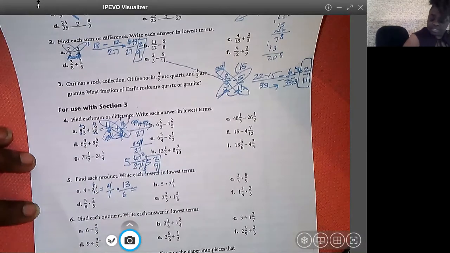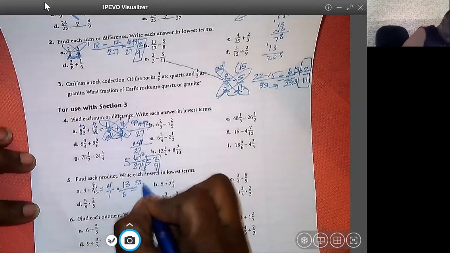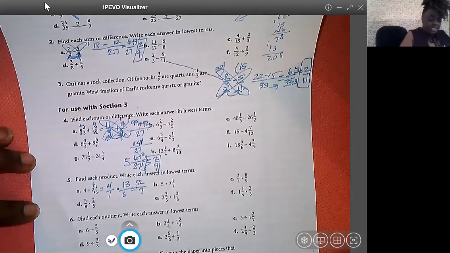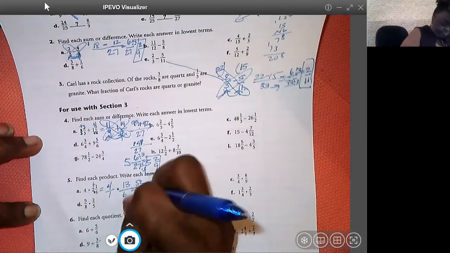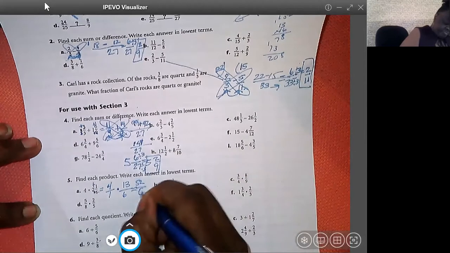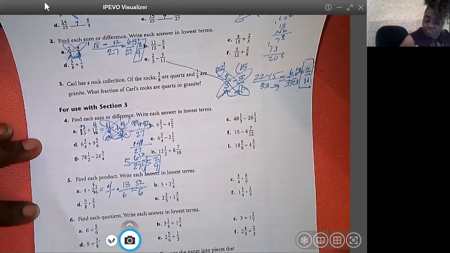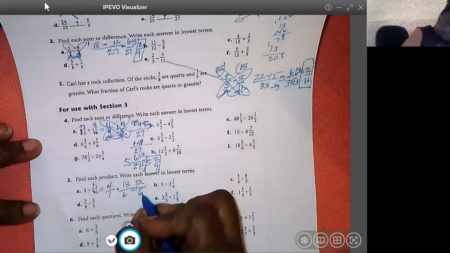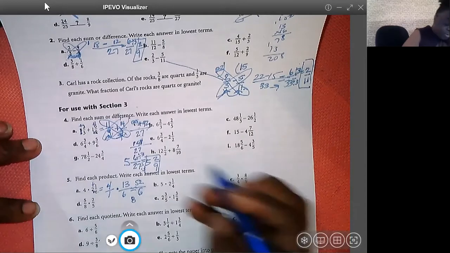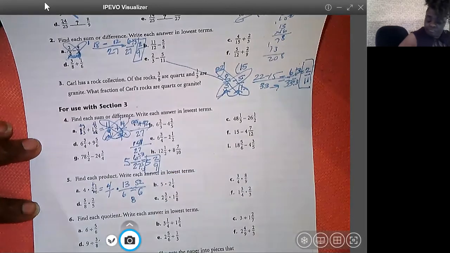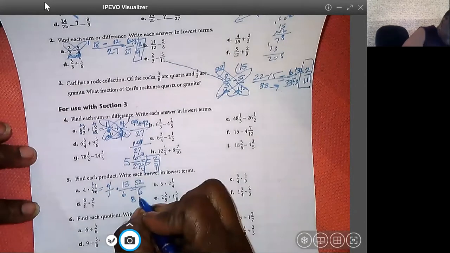You multiply across. 1 times 6 is 6. 6 goes into 52, 8 times evenly, which is 48, with 4 left over.